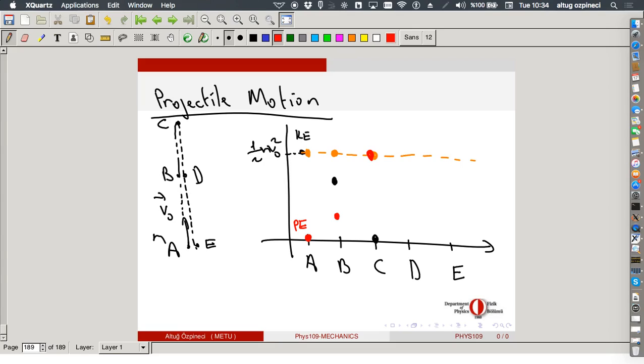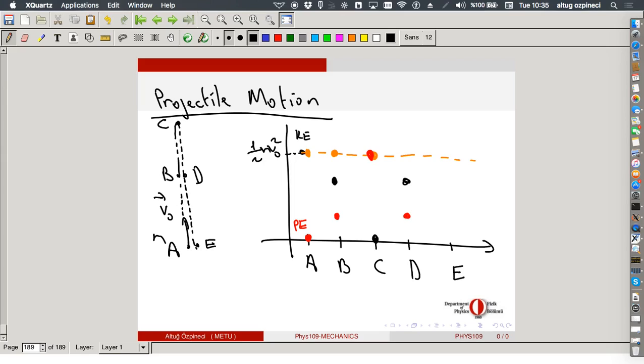Now at the point D, it's going downward. At the point B, it was going upward, now it is going downward. What's the potential energy? Is it the same as at B, larger, smaller? Both the potential energy and the kinetic energy are the same as at B. You see, the potential energy depends only on the height, on the position.